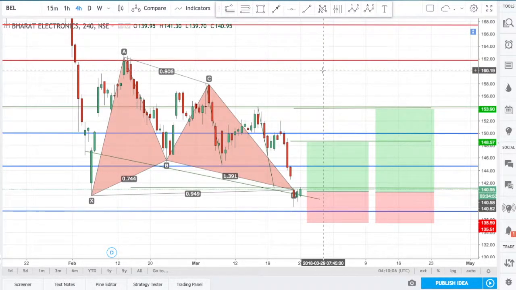So this is how our setup looks. Now let's see how this trade plays out in the next week.